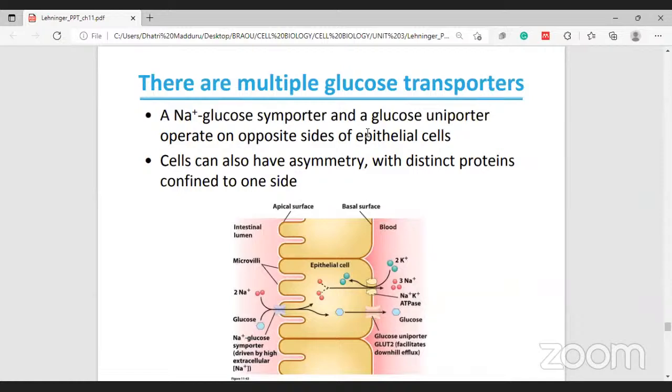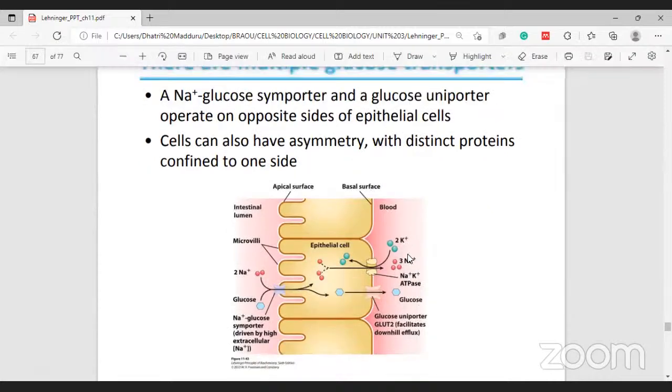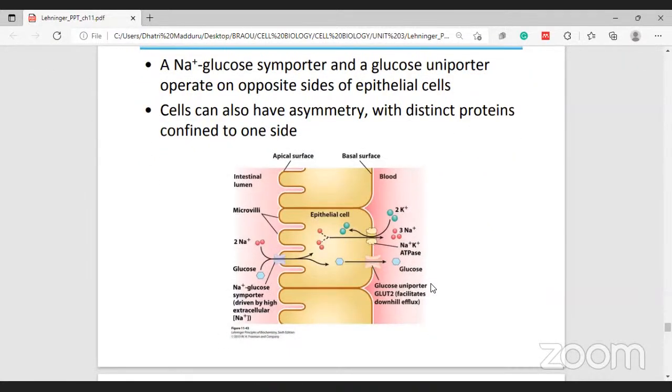In the sodium glucose importer, when the glucose enters from outside to inside, the sodium moves as well. Sorry, it is not an antiporter, it is a symporter. You can see here the glucose molecule and two sodium ions are both entering the epithelial cell. So both are moving in the same direction simultaneously.